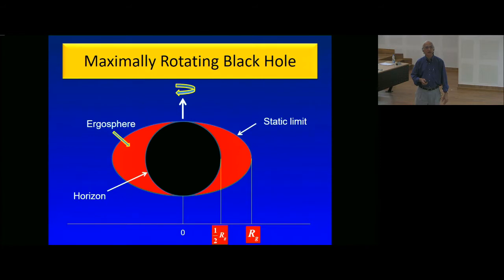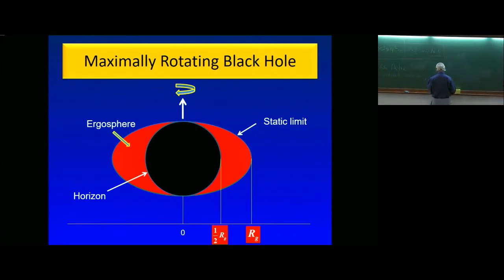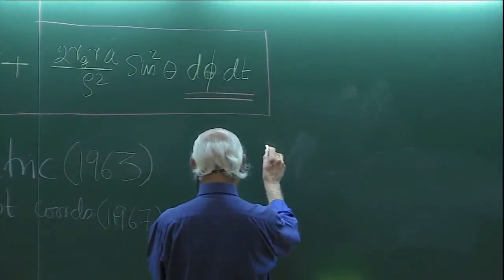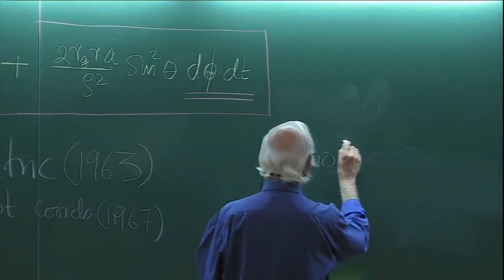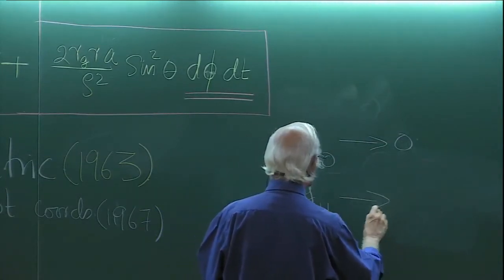Now, let us consider a maximally rotating black hole. Let me write down this formula because I notice it's not in the slide. I don't see why it's not in the slide. What we'll be dealing with is g00 going to 0 and g11 going to infinity.